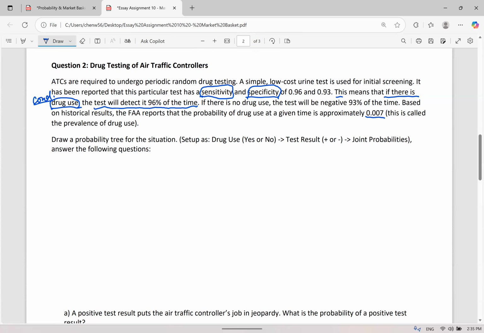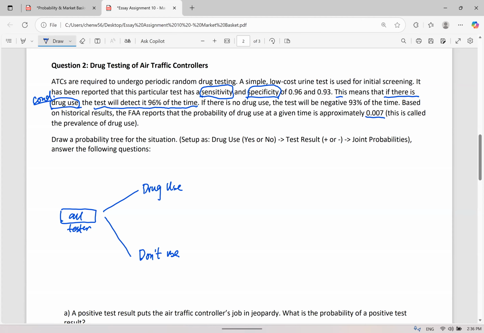Then how to draw the probability tree at the first step? We start from the root, so let's say all the testers, all the persons who need to have this test. And then: drug use, or let's say not use, don't use. It doesn't matter how you describe it.